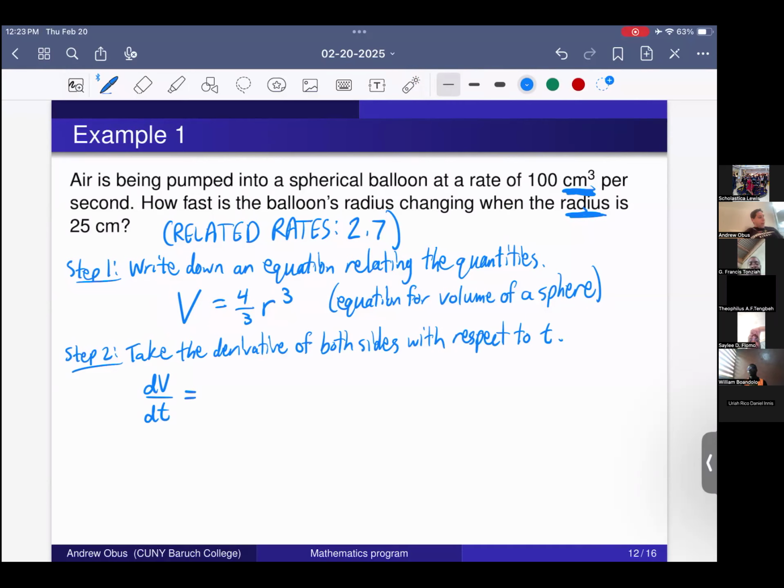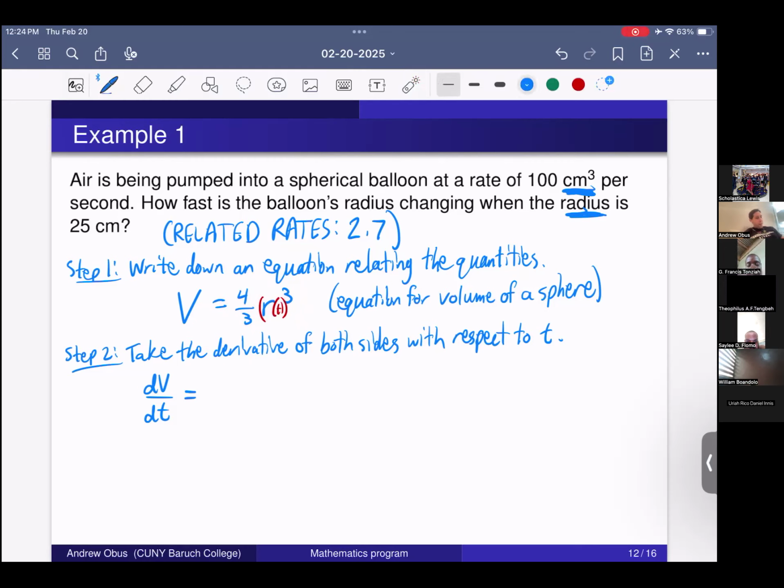What about this other side? Well, what I should really be thinking, and I'm going to write it in another color, is that this radius is really a function of time. So I'm going to write it as r of t instead of just r. And so now to take the derivative of this side we have to use the chain rule, because you've got an inside function r of t and an outside function, which is 4/3 times blank cubed.